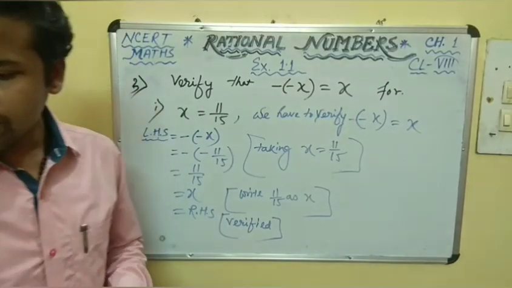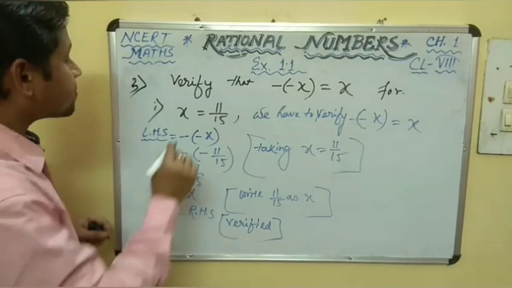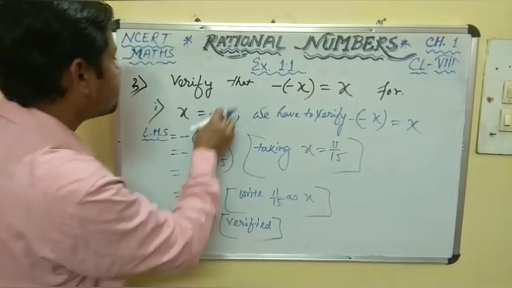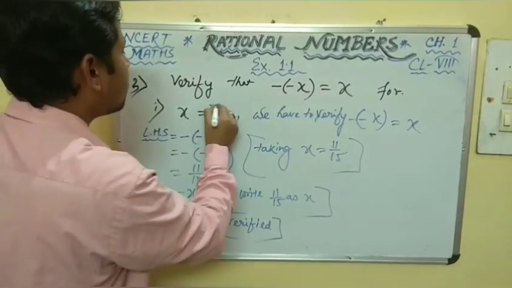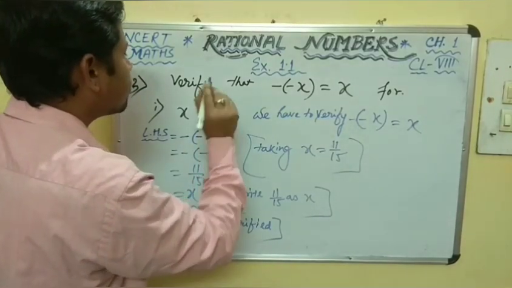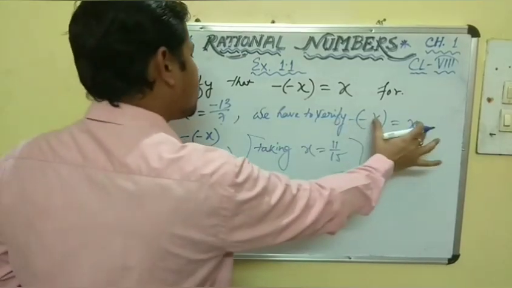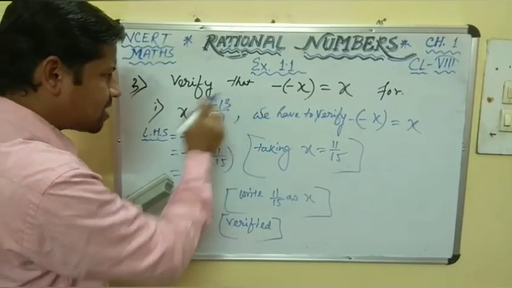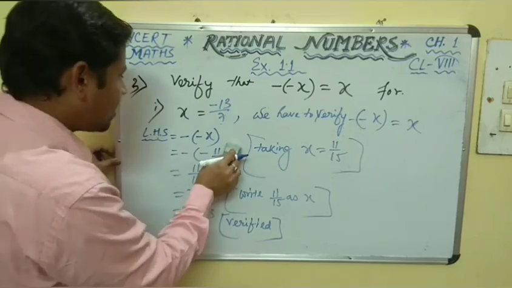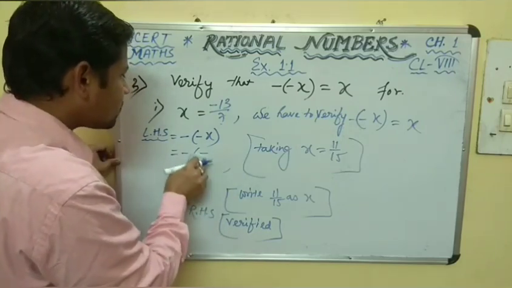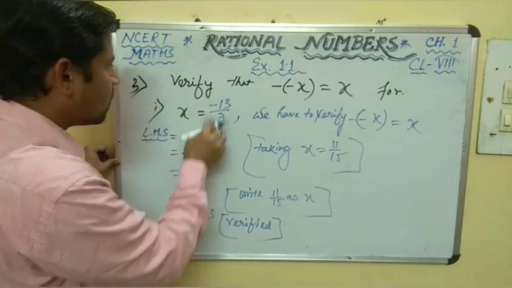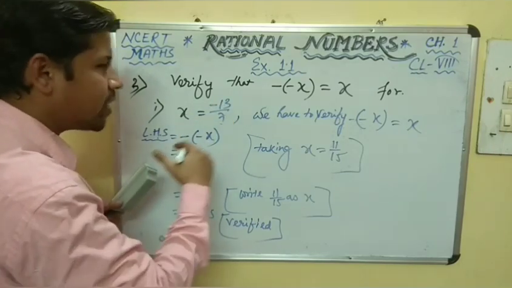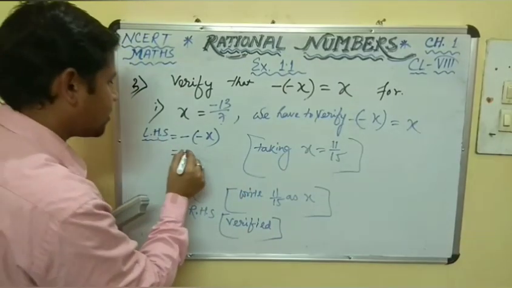The second one is x equals minus 13 by 7. We have to verify this one. Same will be there. Here we have to write minus 13 by 7, and already there is minus x, so when you write, be careful about it.